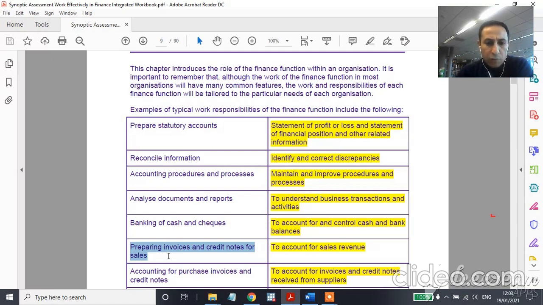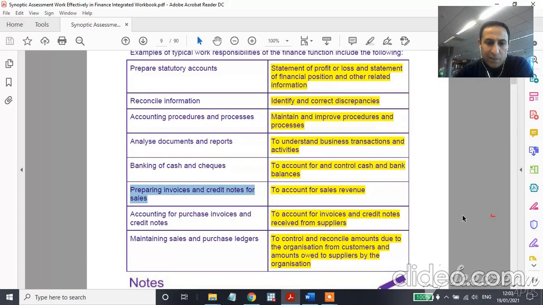Again, this is part of the bookkeeping transactions for a finance team, a finance officer. You are responsible for accounting for sales revenue, and another responsibility is accounting for purchases. Revenue and purchases are opposite to each other: sales usually deal with the customer, and purchases deal with your supplier.